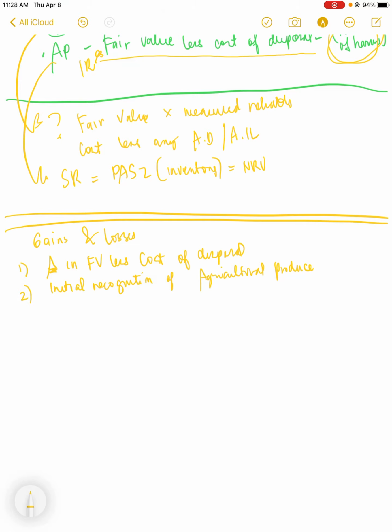Okay? Also, there is a gain or loss on initial recognition naman ng biological asset. O halimbawa, nagkaroon ng procreation ng anak, hindi mo naman binili yung anak nung baka, for example.